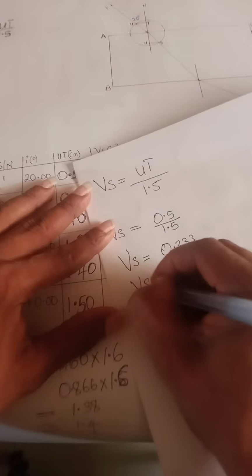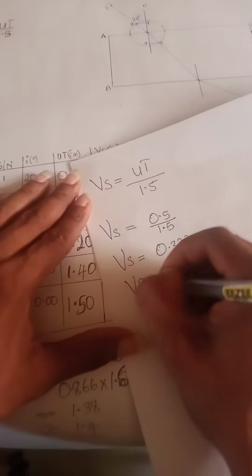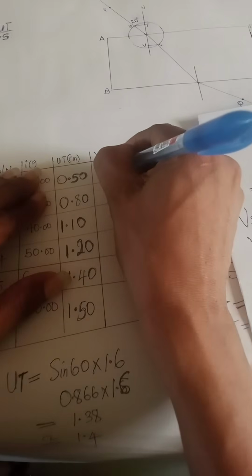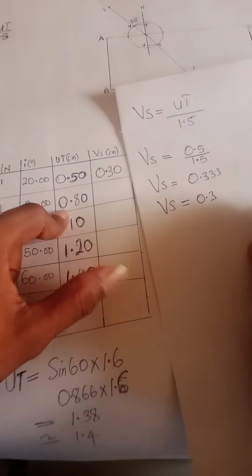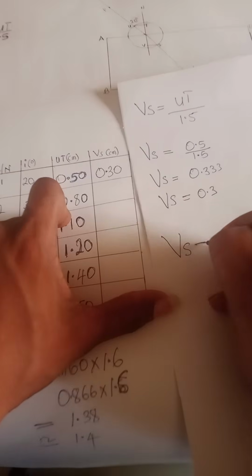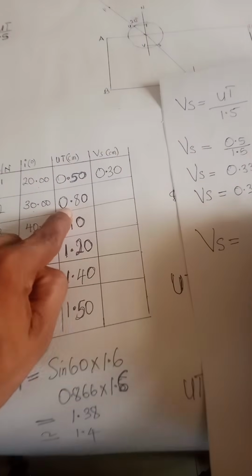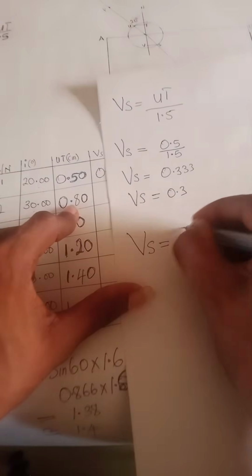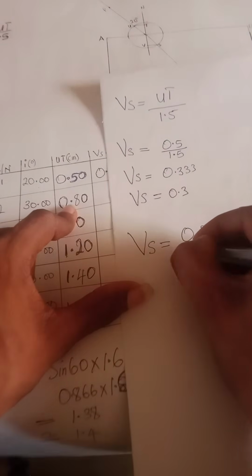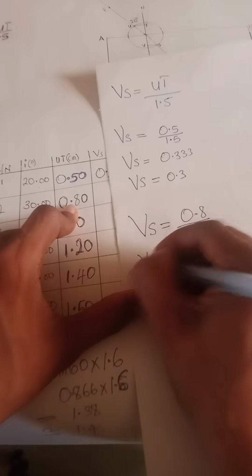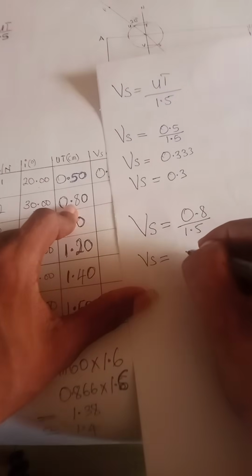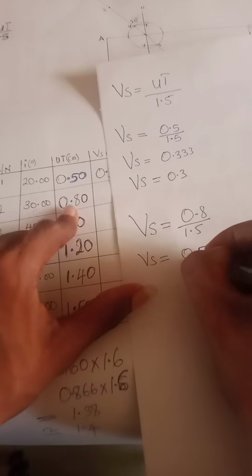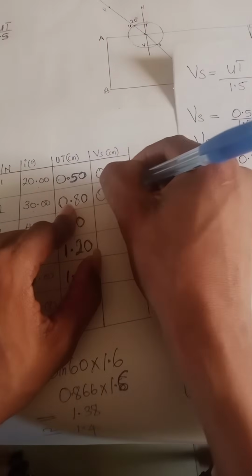So it means that my Vx at that point is 0.3. So I will come here and write 0.30. So the same thing, when it is 0.8, my Vx is 0.8 divided by 1.5, which will give me 0.5. So I will come here and write 0.5.